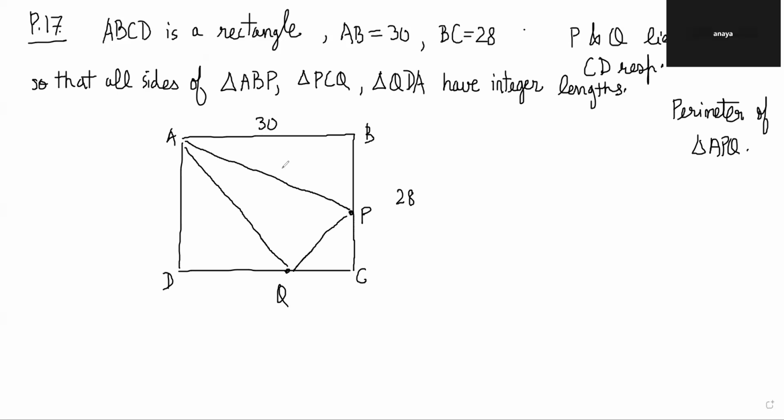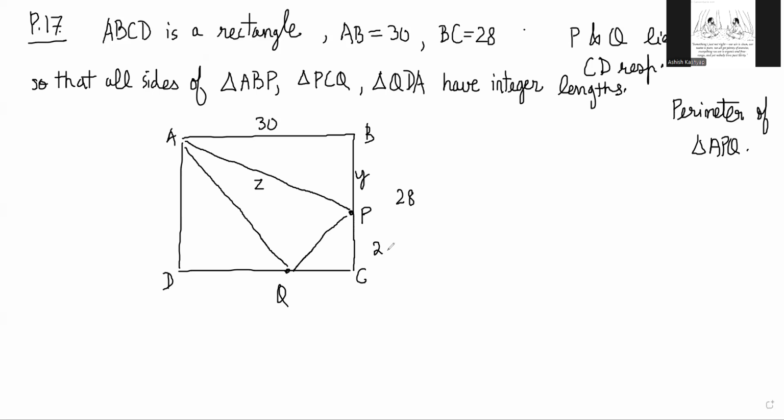Right. So it doesn't seem very difficult because you can always say x and 28 minus x and things like that, no? We have to make sure that these are Pythagorean triplets, no? Yeah. So we can take BP as y and we can take AP as z, let's say, and we need Pythagorean triplets.